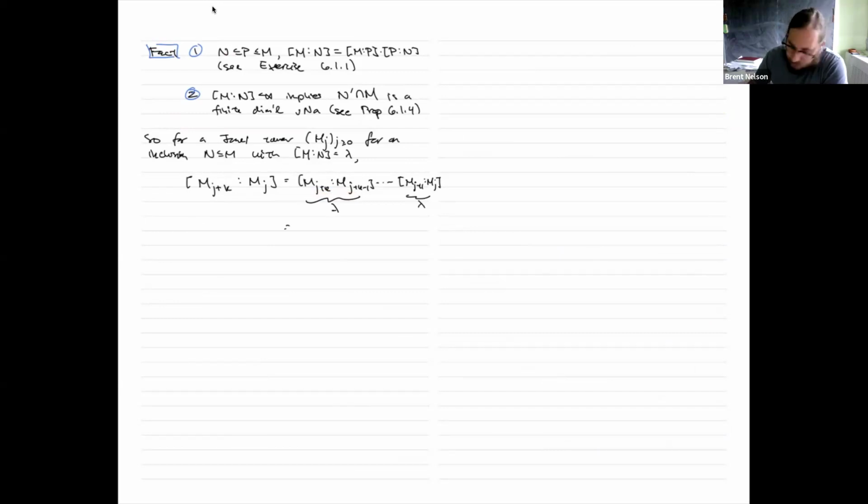So at the end of the day, you just get lambda to the k, for how many factors there were. And in particular, this is finite. So even if I go very far up the tower and k is some massive number, this inclusion of M_j inside of M_{j+1} is still finite index, and therefore by fact 2, it's finite dimensional.